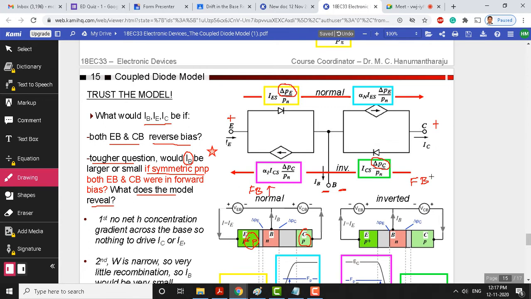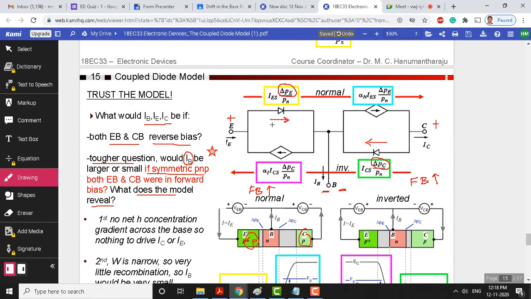At the same time, holes get injected from the emitter to the base, and also, since the collector is equally doped as the emitter, holes also get injected from the collector because of the forward bias here.